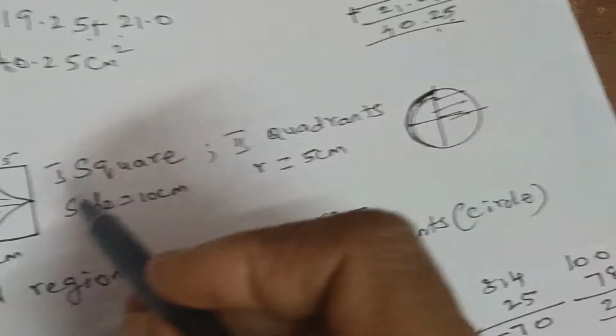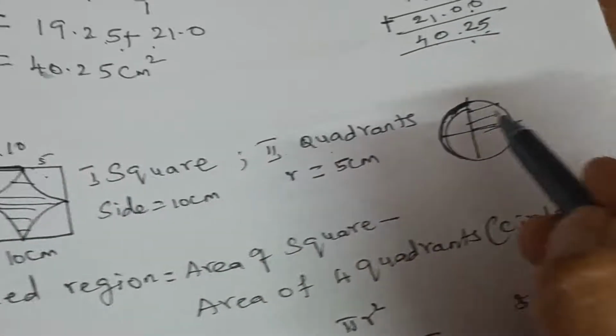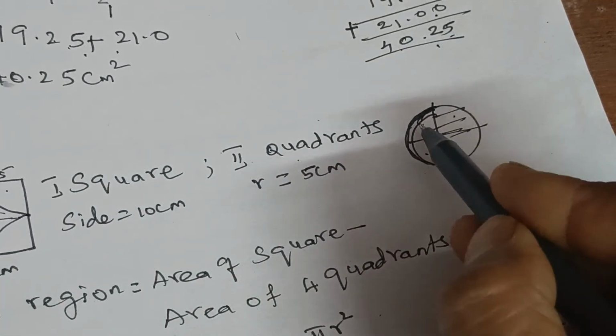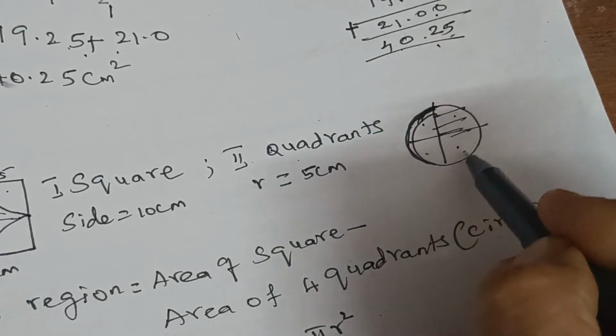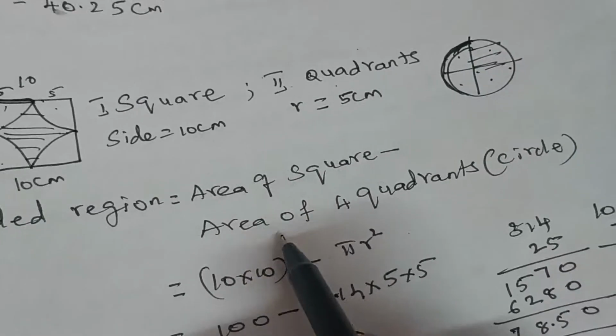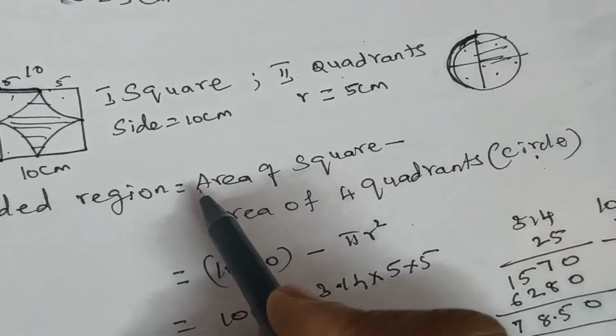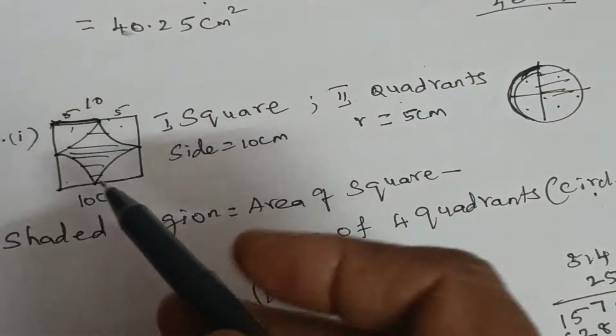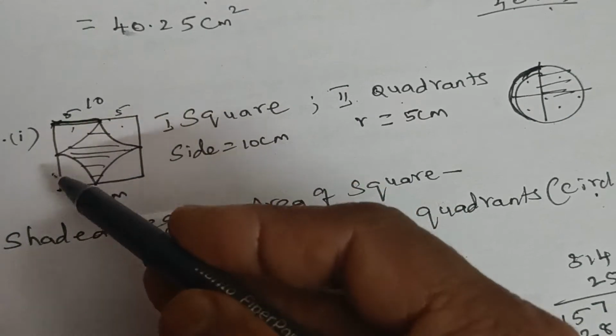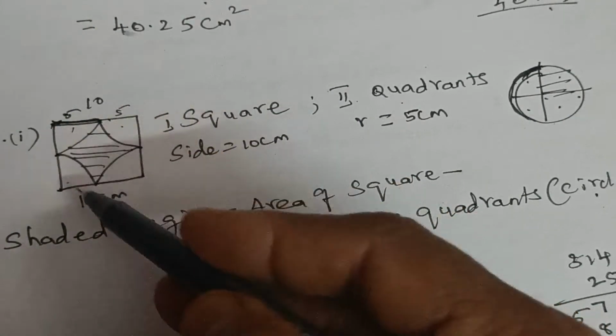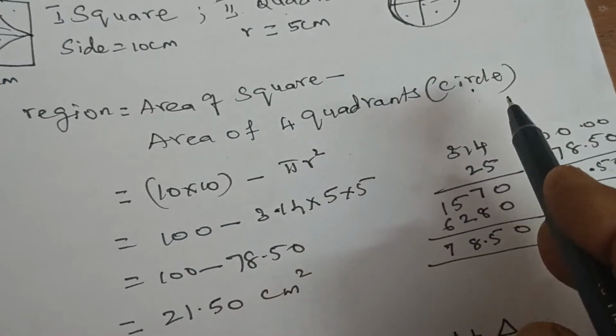So in a full circle, we have 4 quadrants: 1, 2, 3 and 4. When 4 quadrants are put together, it gives a full circle. So area of 4 quadrants is nothing but one full circle. It has become so simple now, because you need not find quadrant plus quadrant plus quadrant plus quadrant. All 4 quadrants together is the area of the circle.